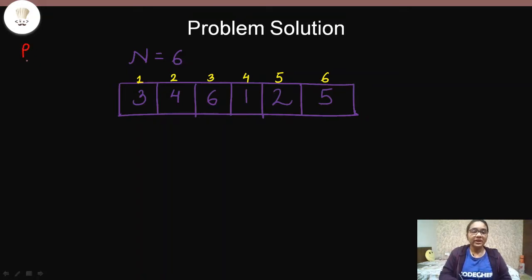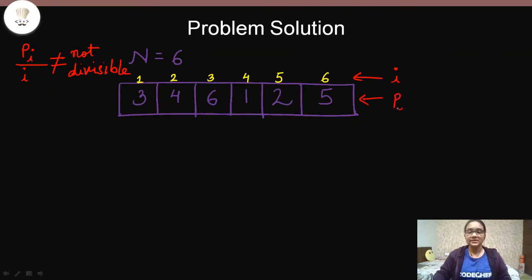That is what we are checking: Pi divided by i should not be divisible. This we have to check. Here i are the indexes that you see, 1, 2, 3, 4, 5 and 6, and the element which is present at each index is Pi.